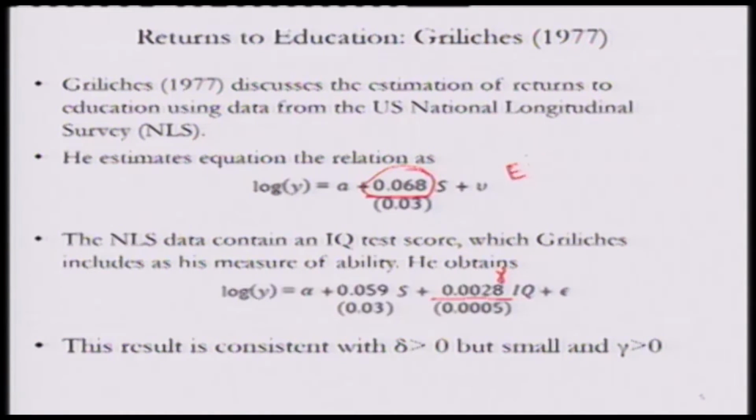Recall that we derived the expectation of beta OLS is equal to the true value of β plus the omitted variable bias given by δγ. What we observe is that the expected value of beta OLS, 0.068, is greater than the true value, which means that δγ must have been greater than 0. Gamma is greater than 0, given by 0.0028, which means that delta must also be greater than 0 in this case.